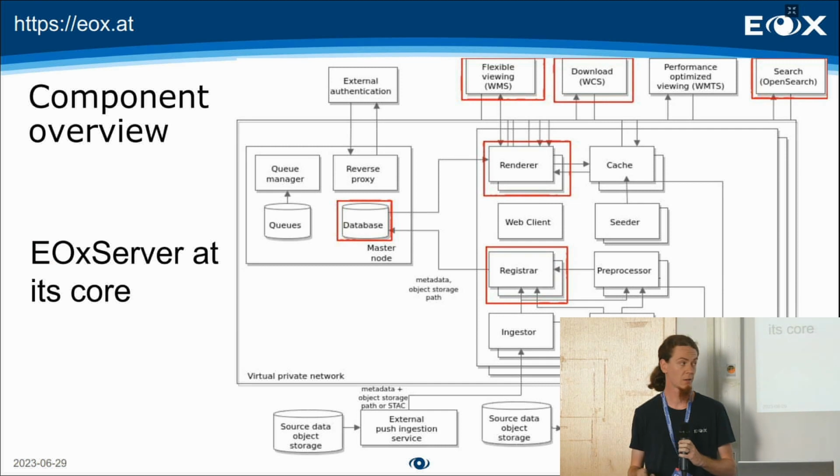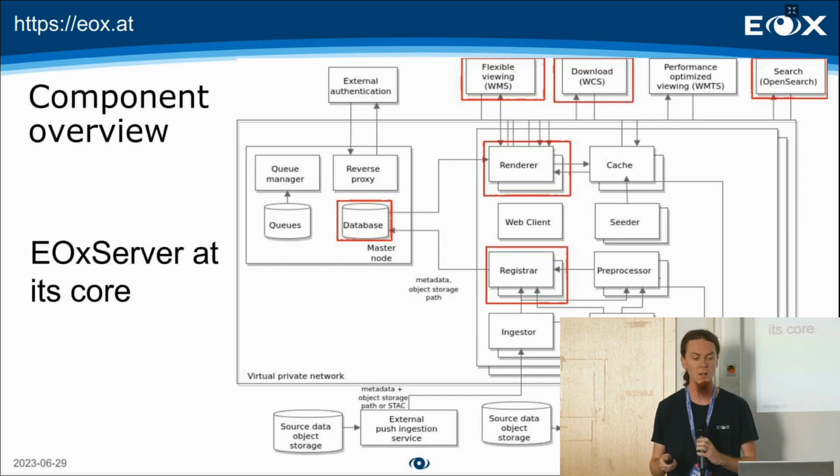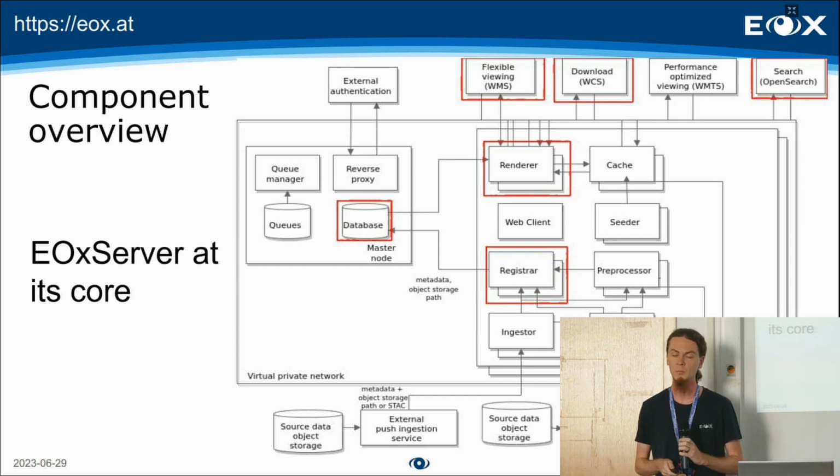This is the architecture diagram of view server, where you see that the EOxServer is its core in all the red boxes underneath. So there is always some kind of database for storing the metadata information about the Earth observation products. So we have some kind of data model that we pass all the products to.